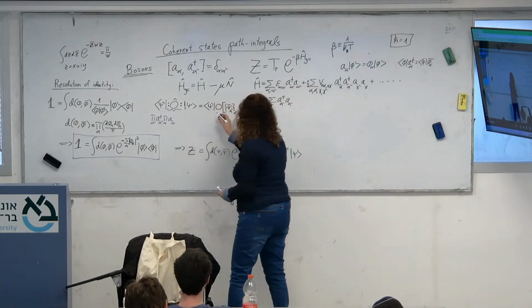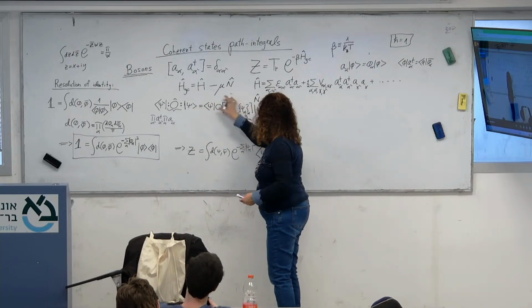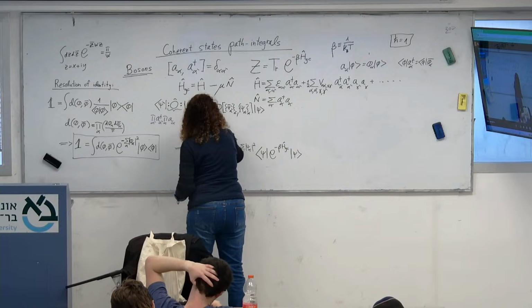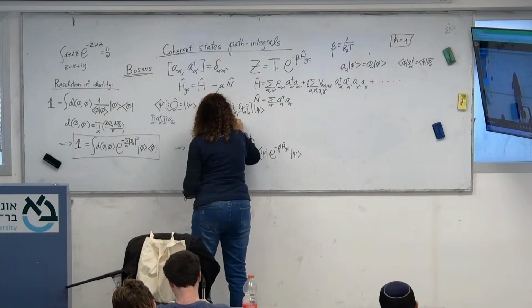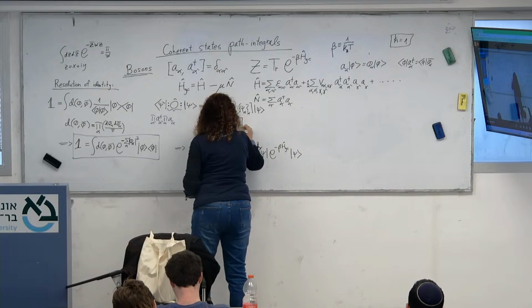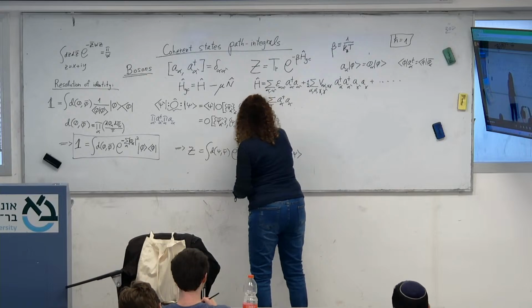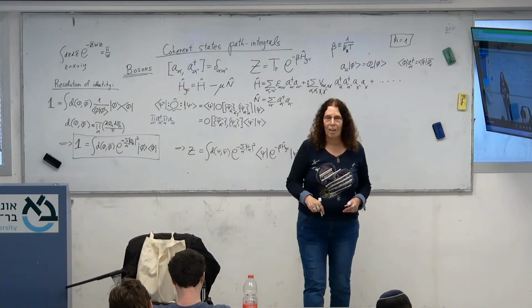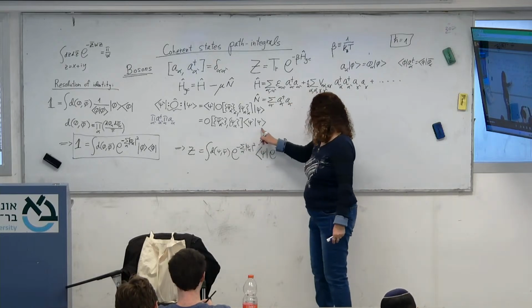Because it's a C number, I can take it outside of the matrix element, and what I get is this functional. But I still have the non-trivial matrix element between psi and psi prime, which is not a delta, or not normalizable, but we exactly know what it is.